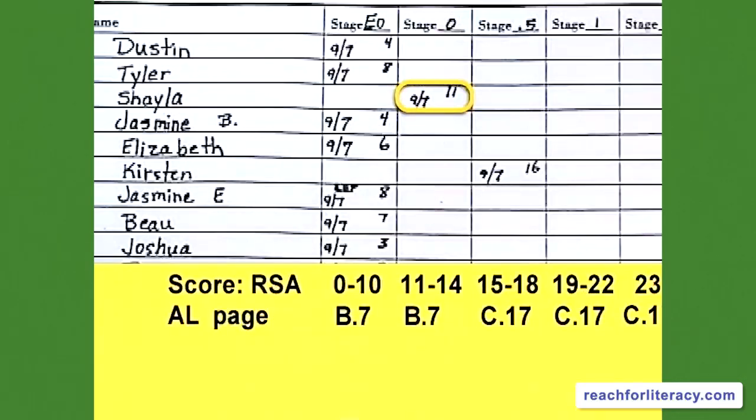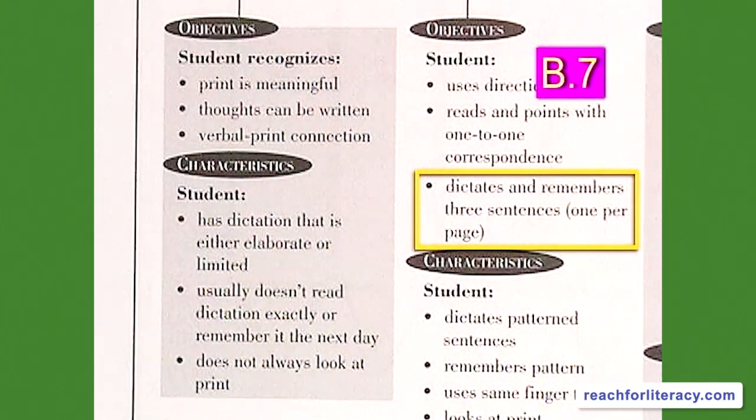And this tells you that the dictation can become more and more complex. With this child, again, we're going to do the B7 reference page, but this child has enough capacity and can remember the print well enough that they can do 3-page teacher-made books. So we're going to increase the level of the dictation experience to include 3 pages, and the expectation is that they remember those 3 pages the next day or day after day after day, and they like to return and reread those during silent sustain.